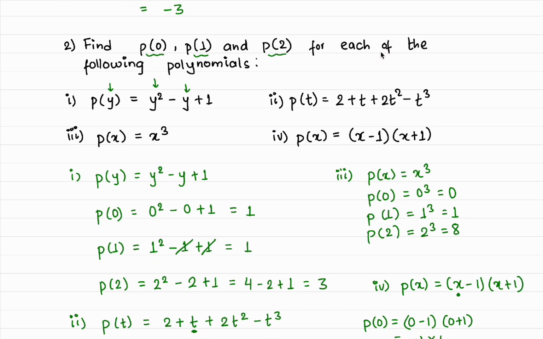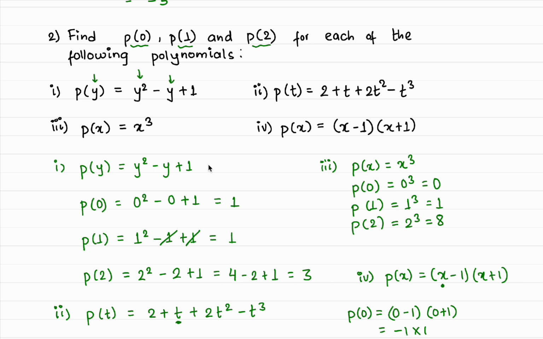It's over here, and what we found while solving question number 2 is that when you put in these values, we get different numbers. When we put 0 in this particular polynomial, we get our answer as 1. When we put 1, we get 1 again. When we put 2, we get 3.